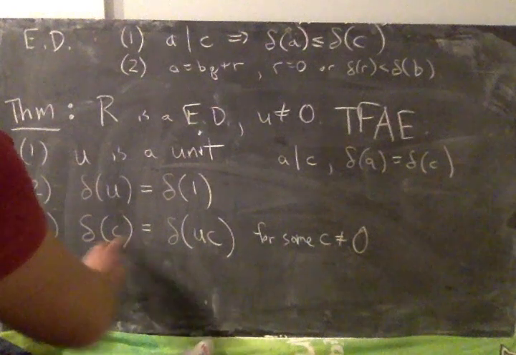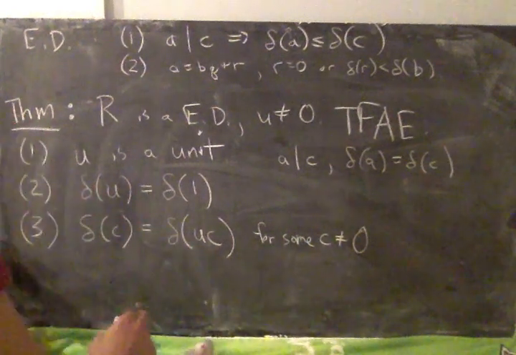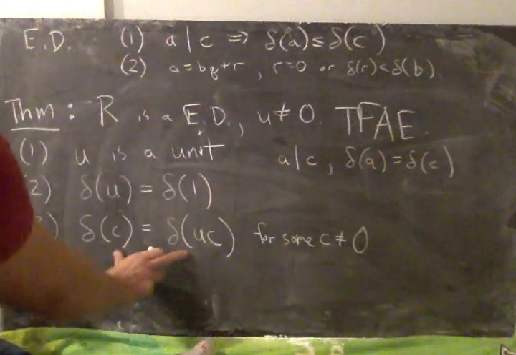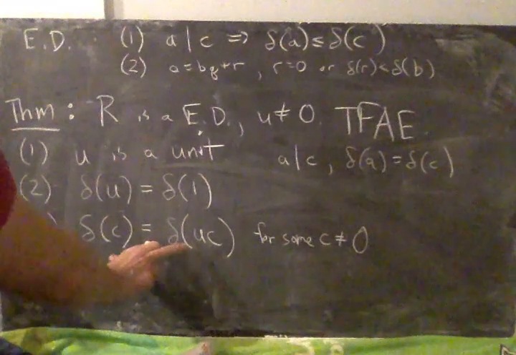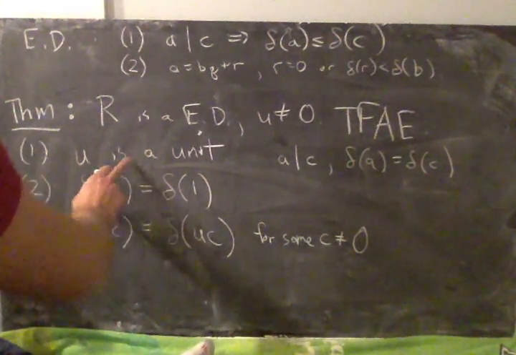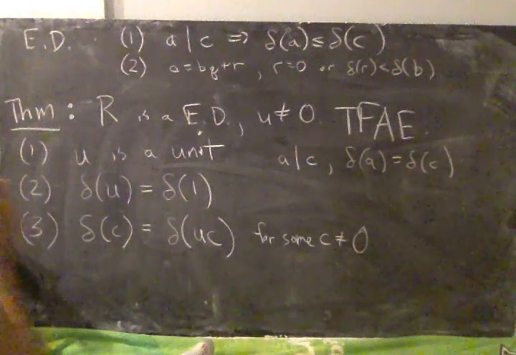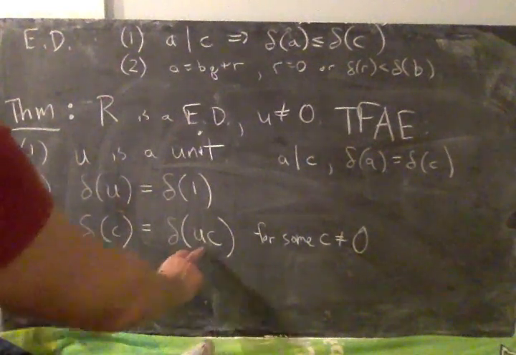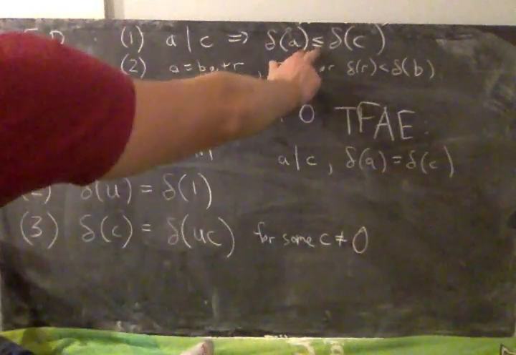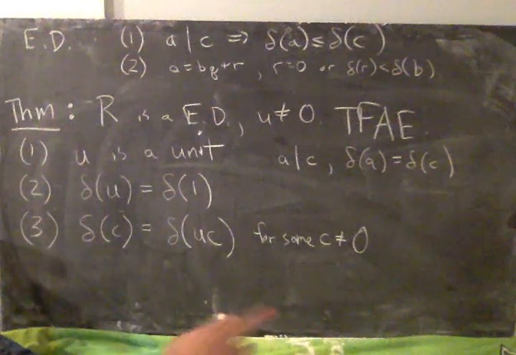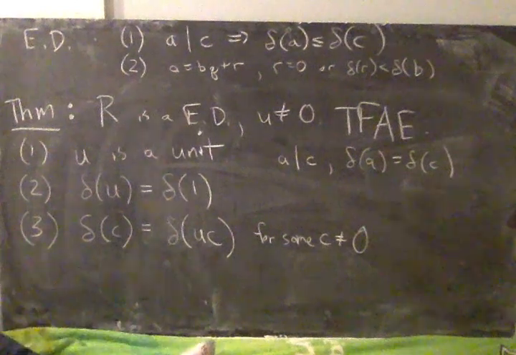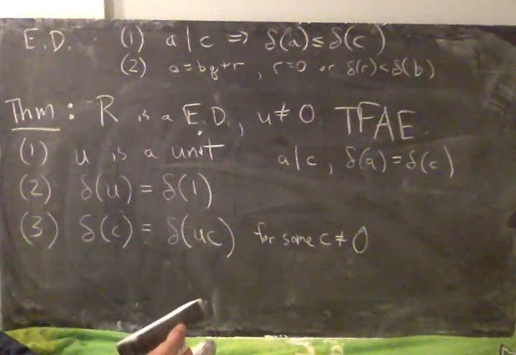So C is dividing something, and the value of delta is equal there. And what this third thing is saying is that if that happens, then that multiple has to be a unit. So if U is a unit, then C and UC are going to be associates. So this is characterizing the equality case of 1. That's the meaning of this proposition.